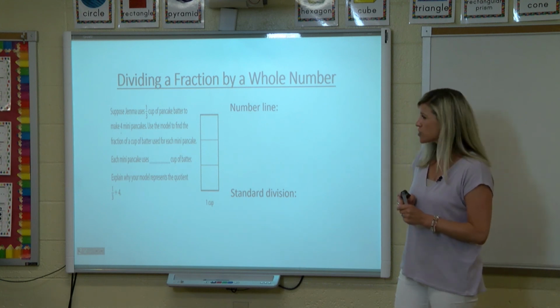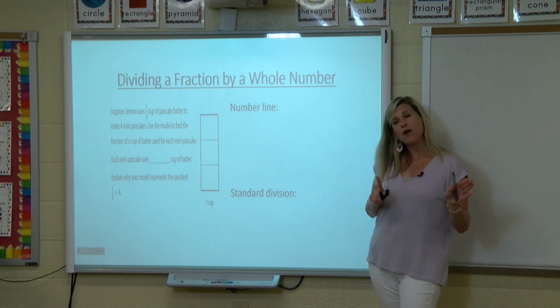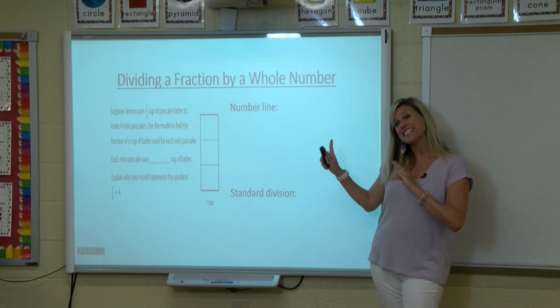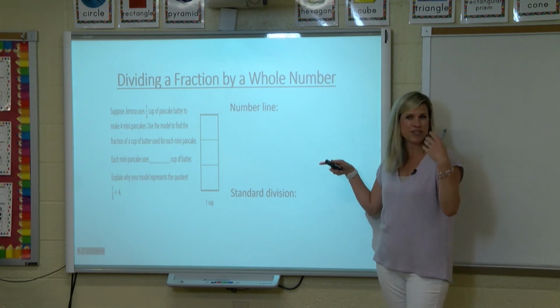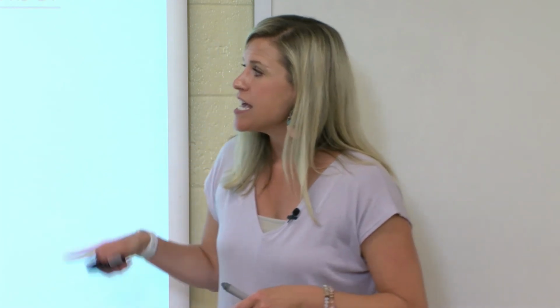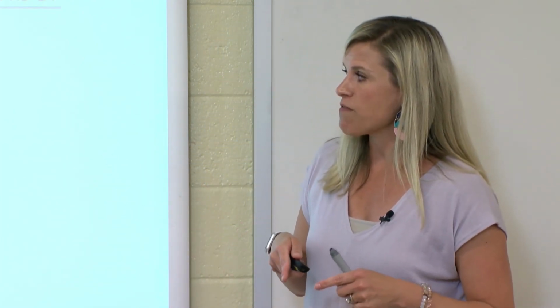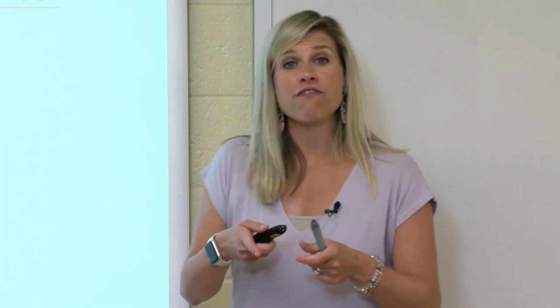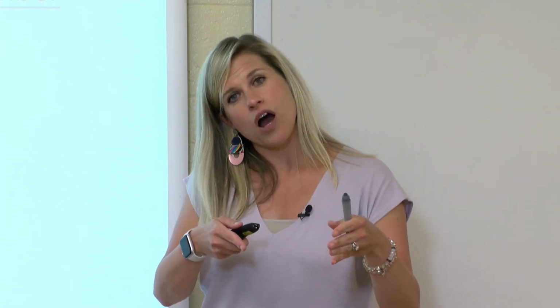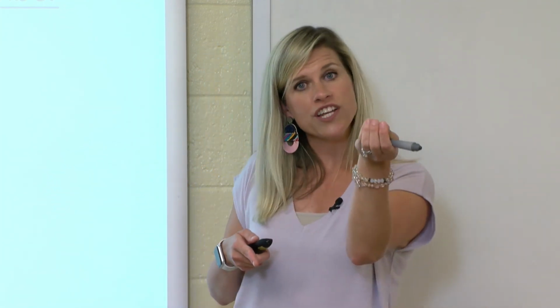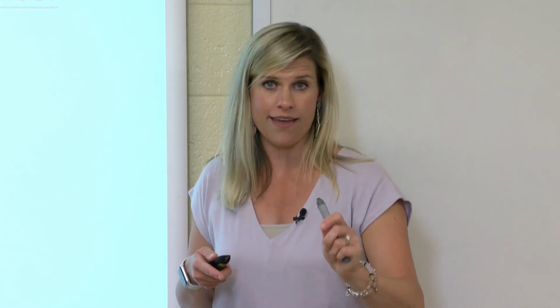All right, well, what about dividing a fraction by a whole number? That's hard for kids too. So we're still going to use the same word problem we just had. Suppose Gemma makes 1/3 cup of pancake batter to make 4 mini pancakes. So in the last part of the problem, she had that 1/3 cup to make a large pancake.